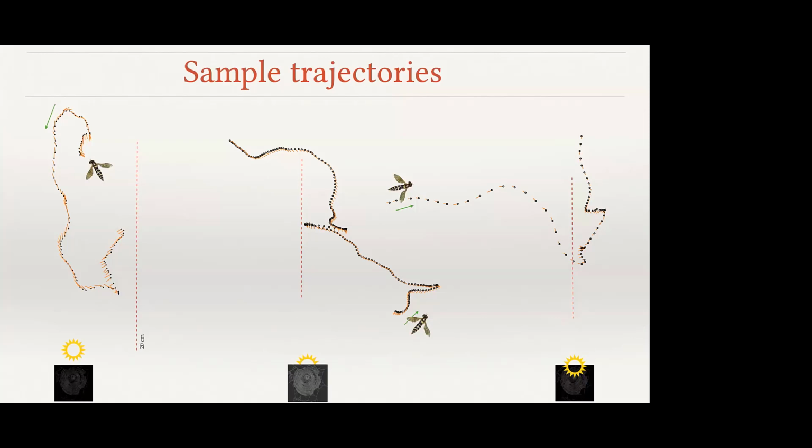And so we looked at some sample trajectories, which show the different strategies used by these hoverflies. In this case, the fly starts over here, and as it approaches the web, this red dotted line is the web. It's all to scale. You can tell that because of the sharp turn it makes here, it's probably detecting the web at this distance and slowly evaluating the whole structure before moving away.